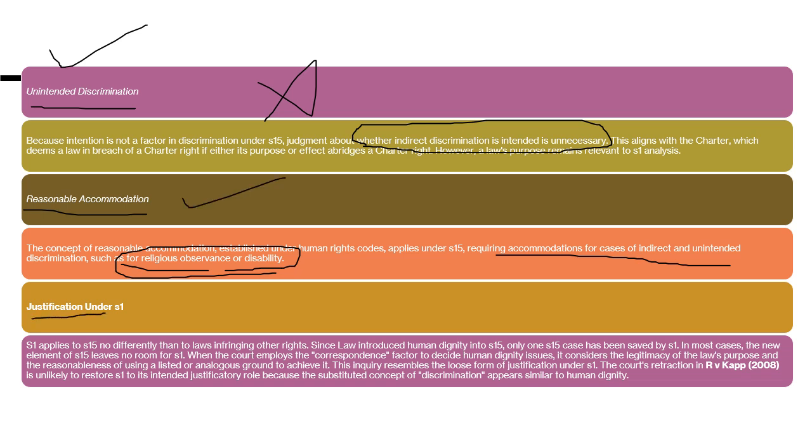Then justification under section 1. Section 1 applies to section 15 no differently than to laws infringing other rights. Since the law introduced human dignity into section 15, only one section 15 case has been saved by section 1. In most cases, whenever section 1 comes into the picture, it fails, because equality rights encompass in themselves so many other things.